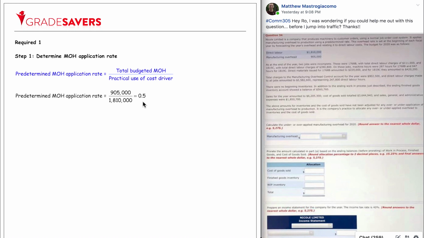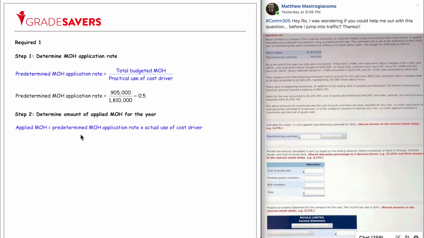Once we've figured out the application rate, the next step is to determine the total amount of applied manufacturing overhead costs for the year. And the way that we do that is simply by multiplying this rate by the actual use of the cost driver. So the idea is to multiply 50 cents by the amount of labor costs that were actually incurred during the year. The predetermined rate multiplied by actual use of the cost driver.